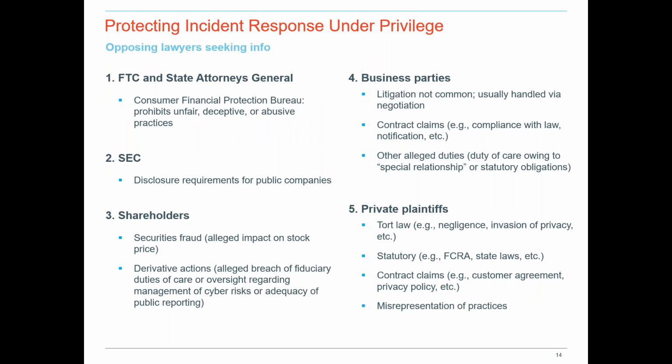To give you just a flavor here in a few minutes of the types of regulators or the types of adverse parties who may be interested in seeking information about the cyber attack and the response to that cyber attack through discovery or otherwise, we have listed here on the slide five different categories. First of all, the Federal Trade Commission has taken a very active role at the federal level in pursuing what it views as cybersecurity lapses.